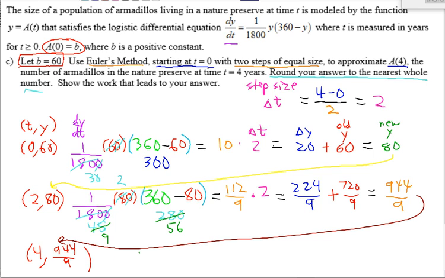So 9 goes into 944 104 times, with 8 left over. That's 104 and 8 ninths, so that would round to 105 armadillos.